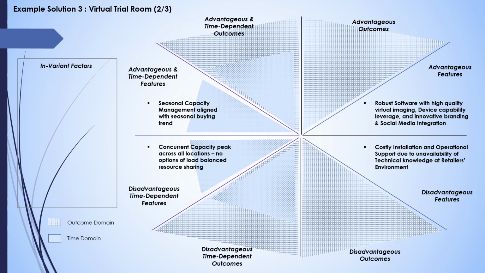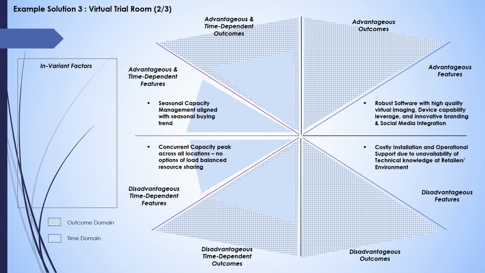Time-linked disadvantageous feature. Concurrent capacity peaks across all locations simultaneously, with no ability to load balance resources between them. When the festival season hits, it hits everywhere at once, unlike a distributed system where quieter regions can absorb load from busier ones. This solution faces simultaneous demand spikes across all deployments with no relief valve.